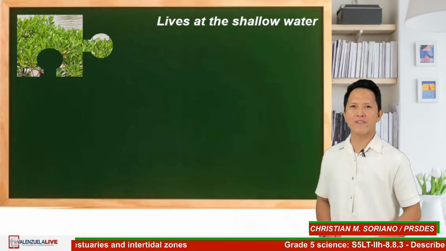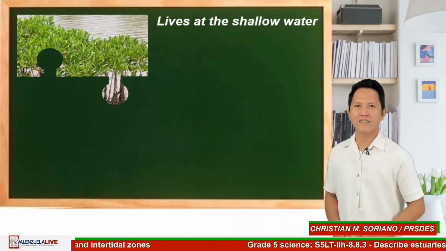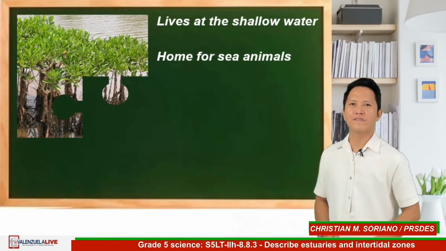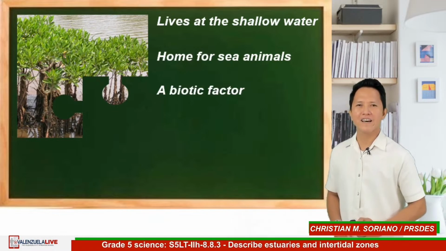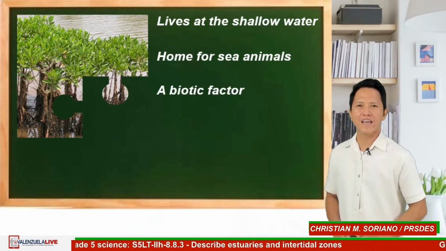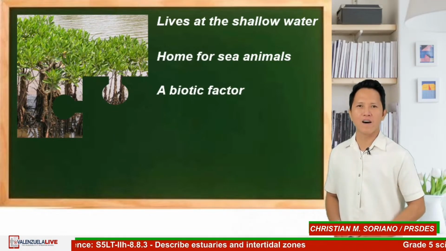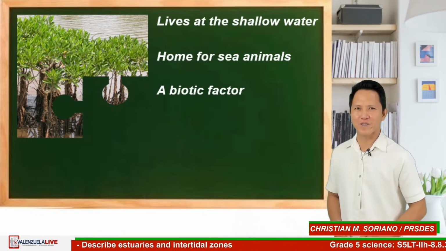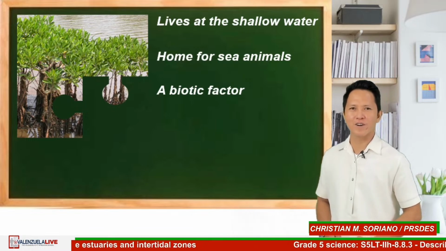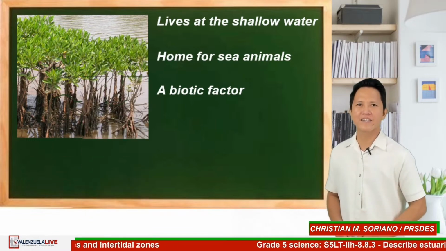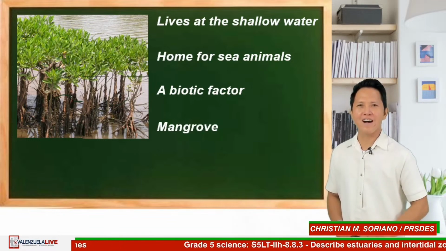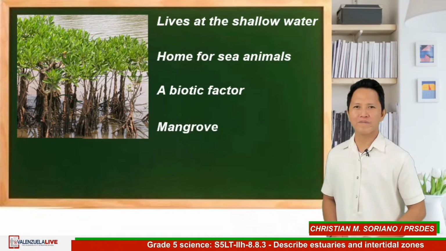I can have another picture and another clue, and another picture and another clue. And then you can post your answer in the comment box. It seems that you have the right answer in your comment box. Yes, you made it right. They are mangroves.